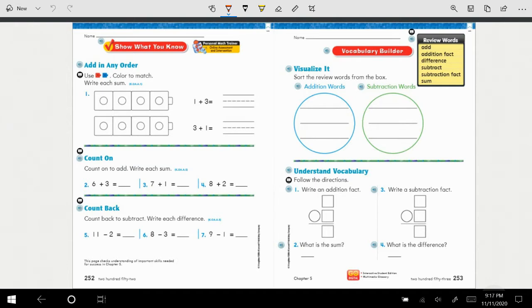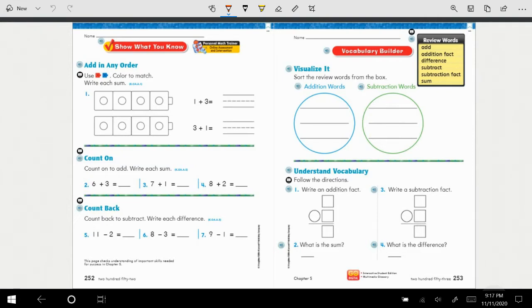Okay, number 1. We have here some connecting cubes. Can you show that these connecting cubes are actually 1 plus 3? What do they equal? Put your answer on the line. You can just use your pencil to color these to show 1 plus 3.